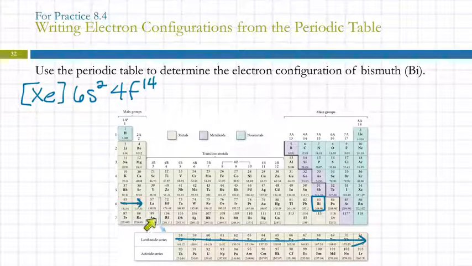And then we have to go back and catch these guys in here. So this would be D. The D block is period minus 1, so this is 5d, and we're filling all of them, so that's 5d10.